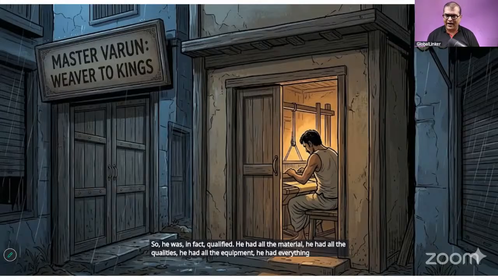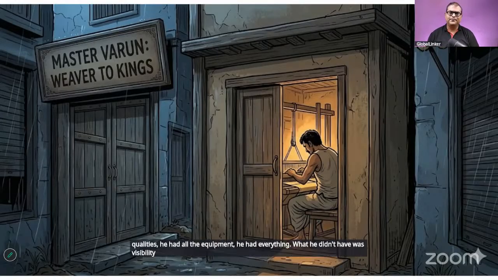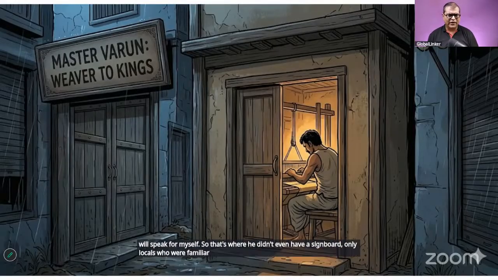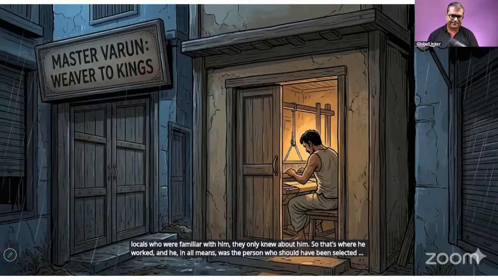What he didn't have was visibility, because he believed that my skill, my art will speak for itself. So he didn't even have a signboard. Only locals who were familiar with him knew about him.